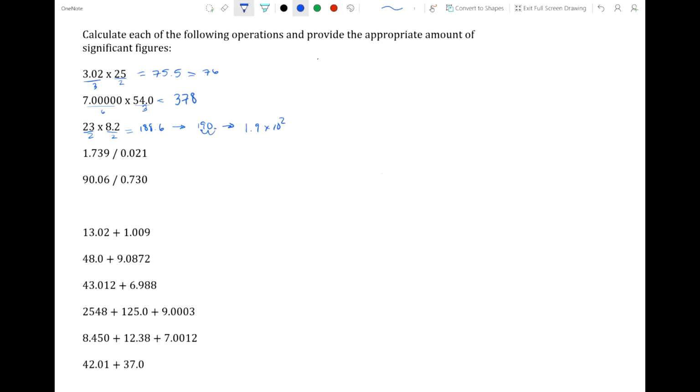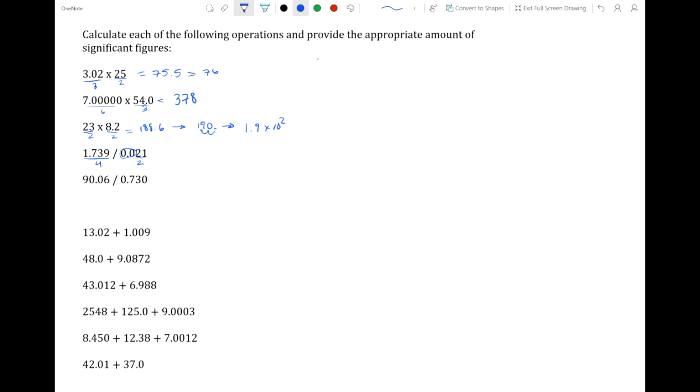Alright, so now let's move on to division over here. Although it's a completely different mathematical operation, it's going to follow the same rules as multiplication. We're going to use the least amount of significant figures that one of our values has. Right here in 1.739 we have 4 significant figures. In 0.021, recall that the two zeros to the left of the first non-zero digit are insignificant. So that value is only going to have 2 significant figures.